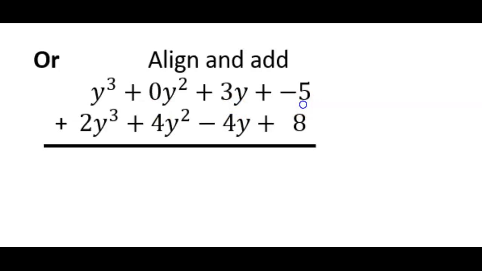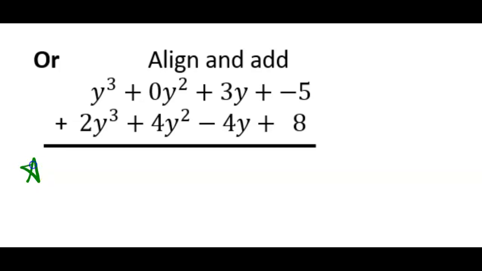And then the other polynomial that I had is 2y cubed plus 4y squared minus 4y plus 8. And now I can add those together going down. So this is just another method to combine our like terms.